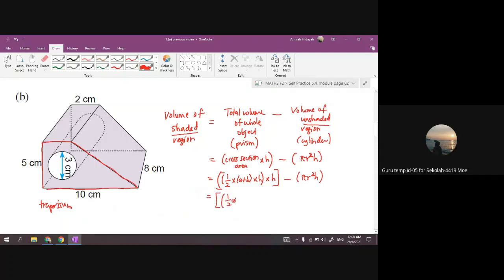So 1/2 times, the value of A for this trapezium is 10, plus B, the top one, the set of parallel sides, so 2, times height of the trapezium. This is the height of the trapezium, so 5.